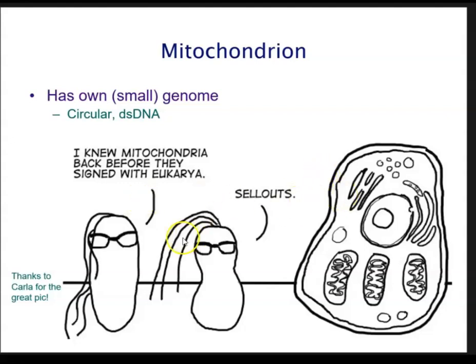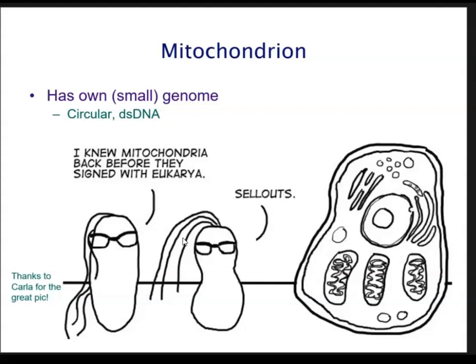And this cartoon depicts the origin of mitochondria in the evolution of life on Earth. There are some interesting things about mitochondria. One is that the mitochondrial genome is circular rather than the linear chromosomes in our nucleus. Another is that the genes in the mitochondrial genome do not have introns.